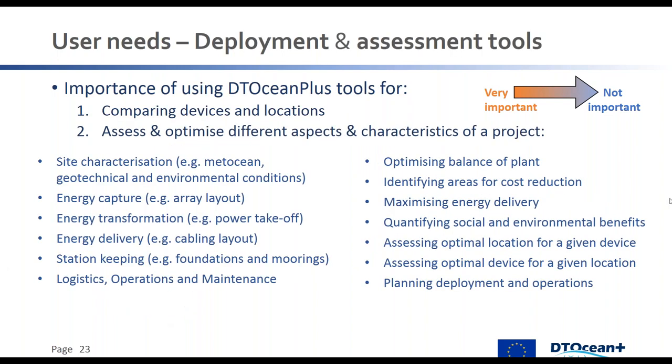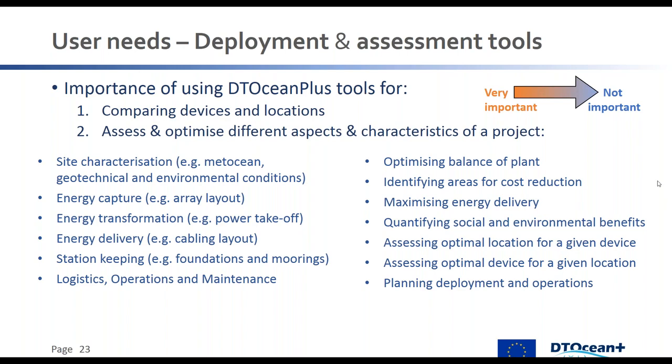Similarly, for the deployment and assessment tools, we'd like to understand how important you think it is to be able to compare different devices and locations, including having different types of device in your array.